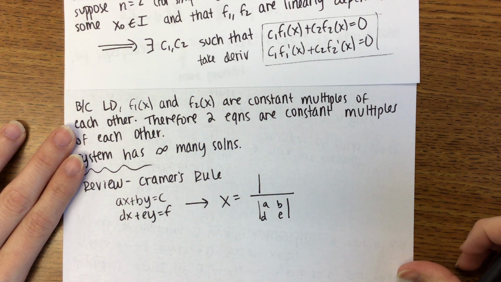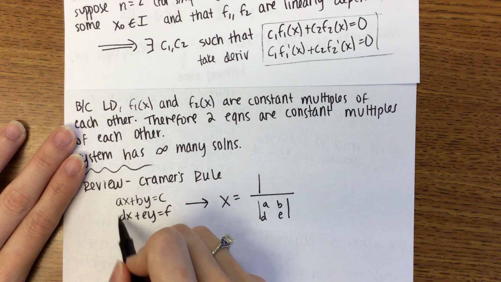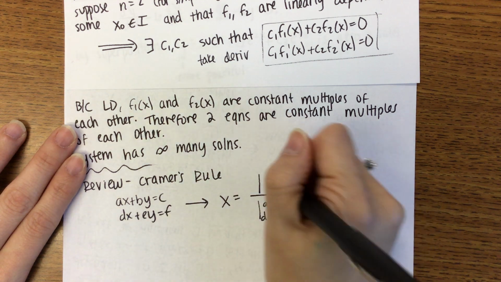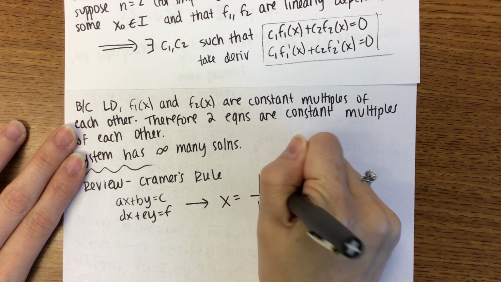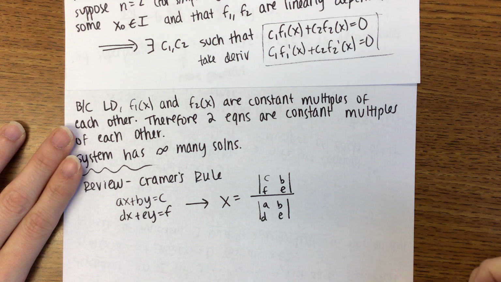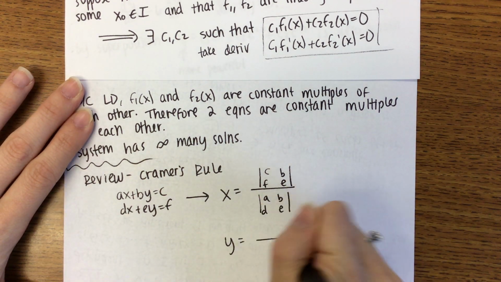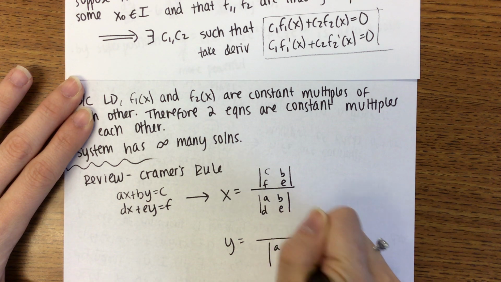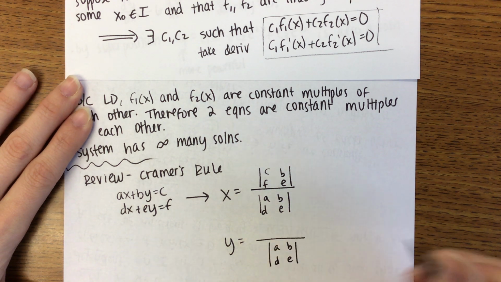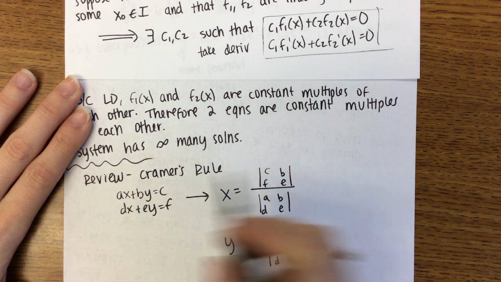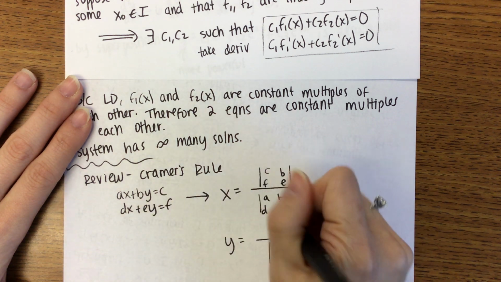In the numerator, the x coefficients you replace with the answers, and then you keep the b and e. Y then is a similar idea. Denominator is the determinant of the matrix that has all the coefficients. In the numerator, replace the coefficients on y with your answers.